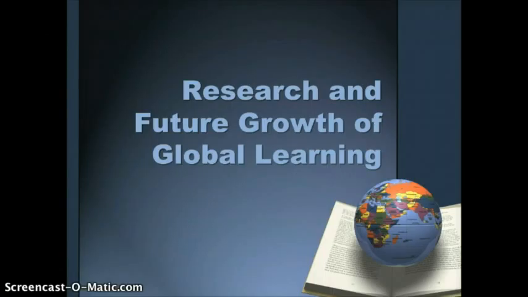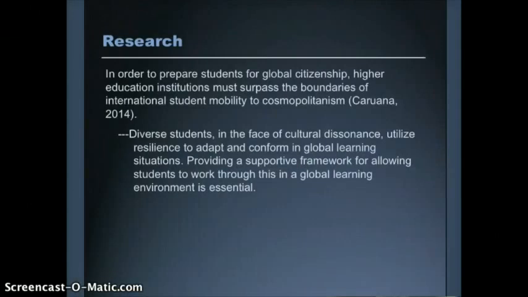As we move forward in the field, it's important to think about research and future growth of global learning, as it is an area that is continually developing and will continue to need to do so. Research. In order to prepare students for global citizenship, higher education institutions must surpass the boundaries of international student mobility to cosmopolitanism, according to Caruana, 2014.